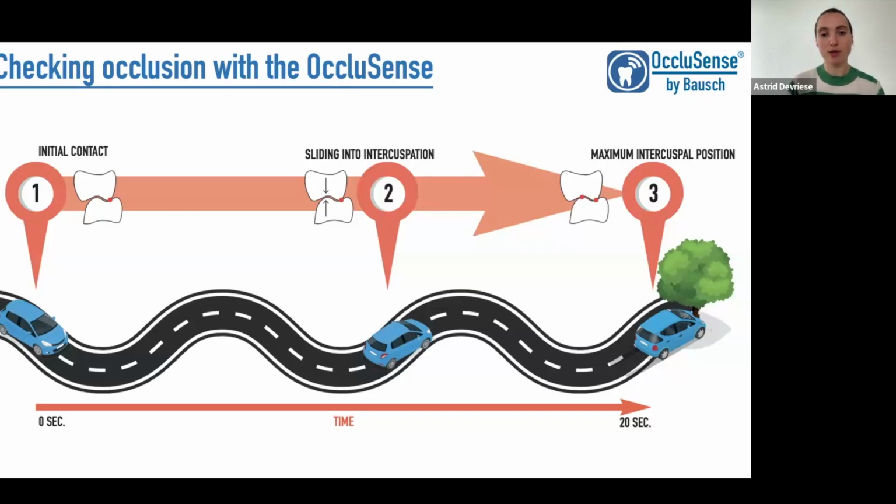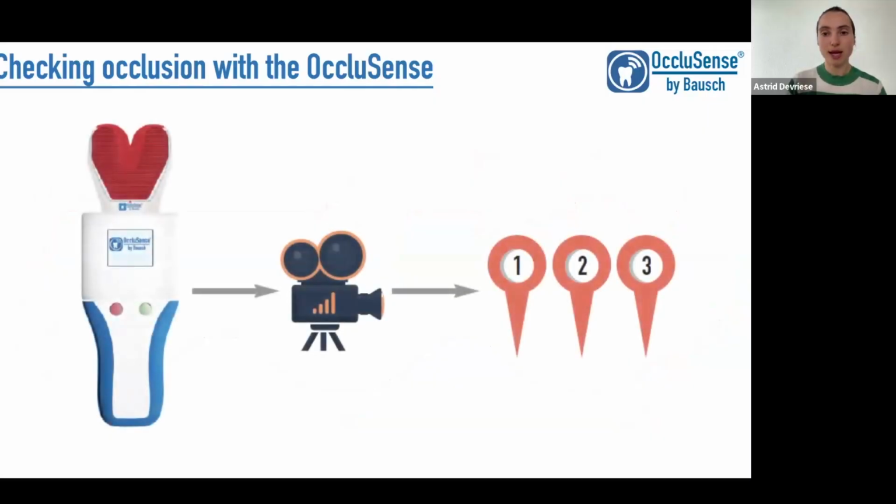It basically makes a video from the initial contact until the maximum intercuspidal position. And that's very nice because during the recording process, it is already stored and you can then later transfer it to your documentation system.